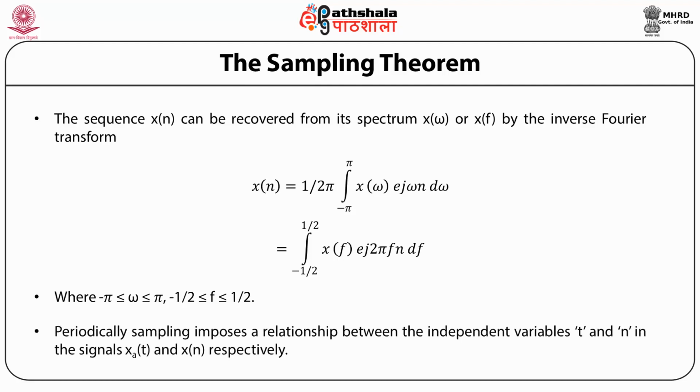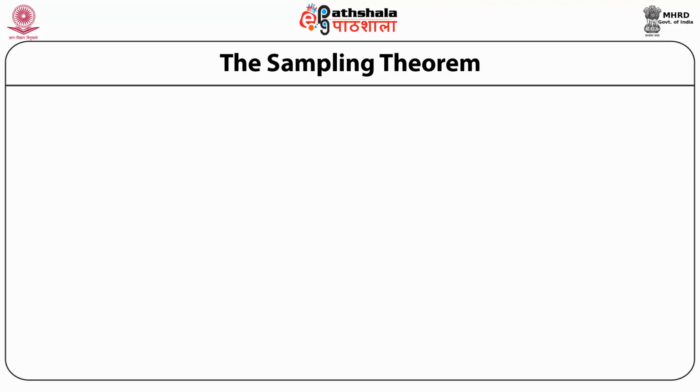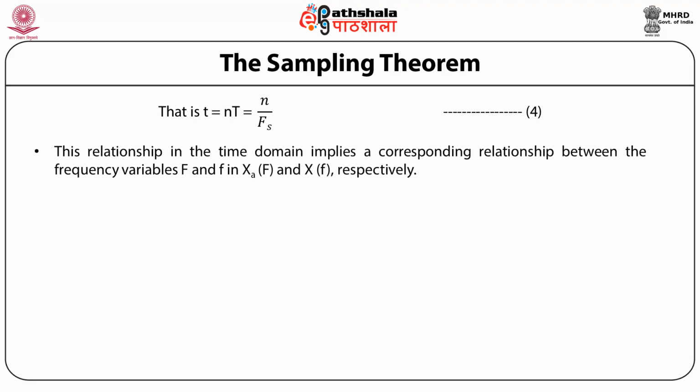So periodic sampling imposes a relationship between the independent variables t and n in the signals x_a(t) and x(n) respectively. That is, t equal to nT equal to n by Fs. This relationship in the time domain implies a corresponding relationship between the frequency variables F and f in X_a(F) and X(f) respectively.